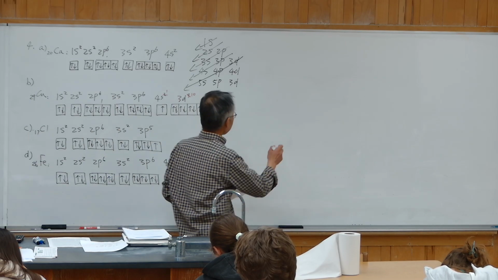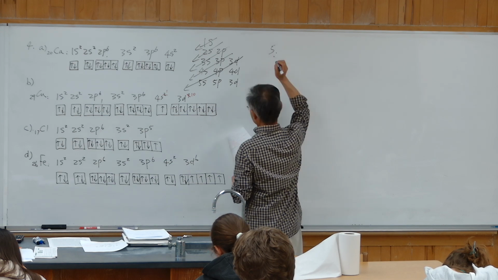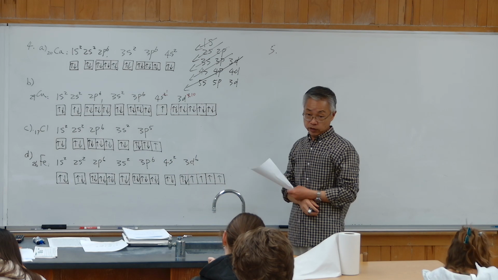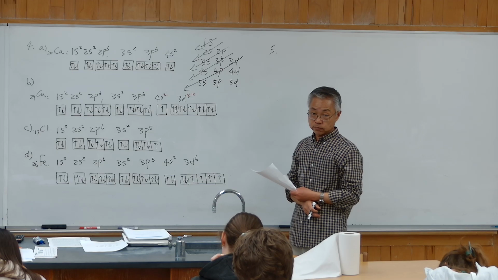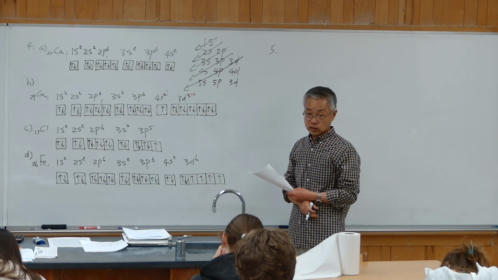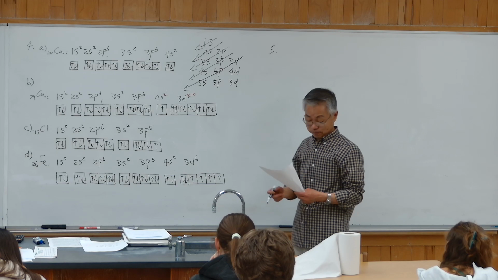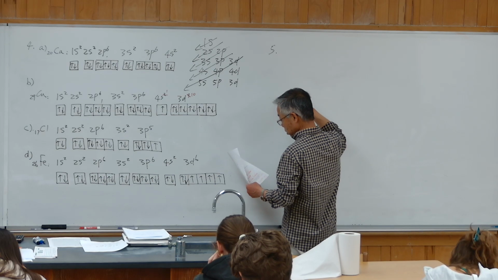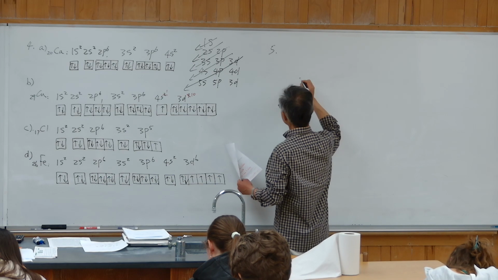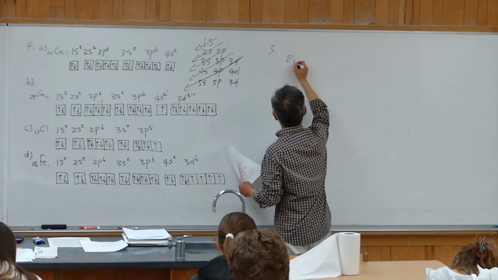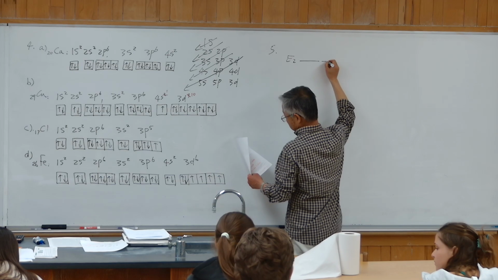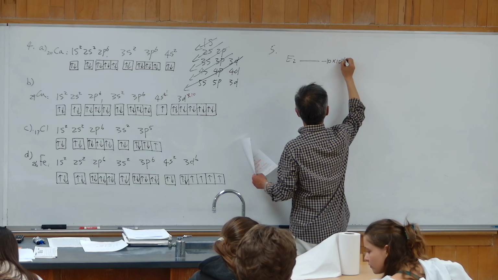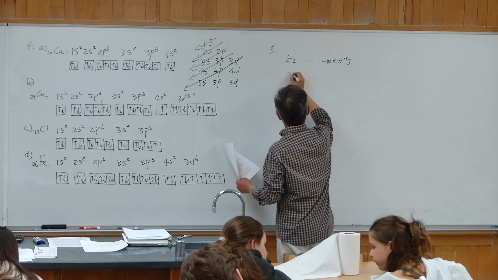Then question 5. I remember before the quiz, the class before the quiz, I gave a very similar example. Actually, it's from homework. The energy level E2 of a hypothetical atom is negative 10 times 10 to the negative 19th power joule.